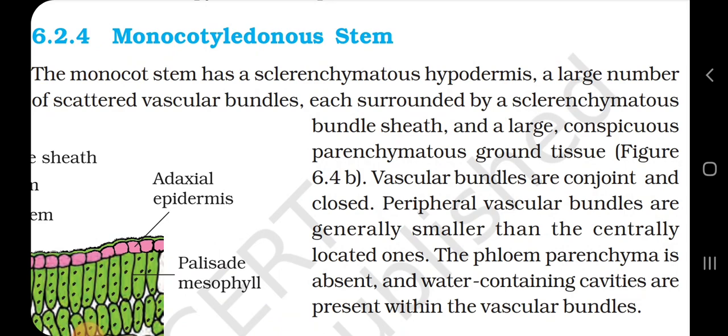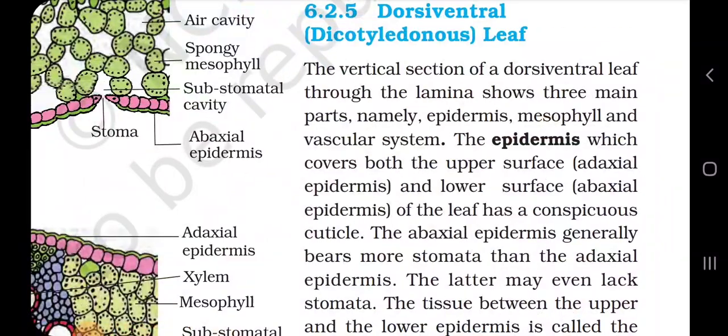A large number of scattered vascular bundles is surrounded by a sclerenchymatous bundle sheath and a large conspicuous parenchymatous ground tissue. Figure 6.4b. Vascular bundles are conjoint and closed. Peripheral vascular bundles are generally smaller than the centrally located ones. The phloem parenchyma is absent and water-containing cavities are present within the vascular bundles.